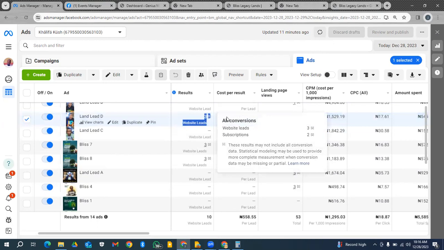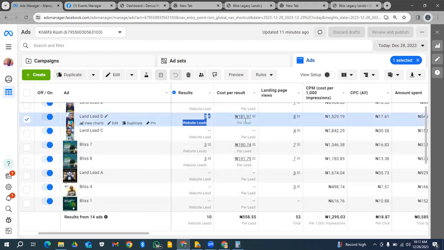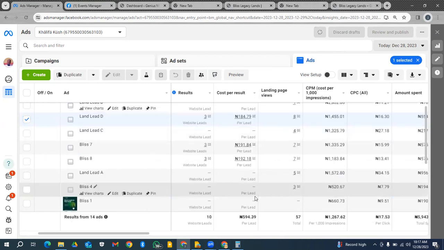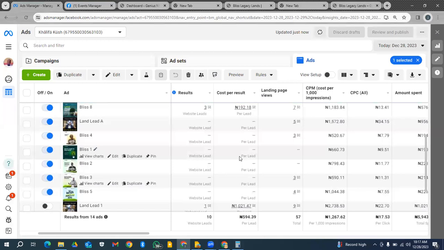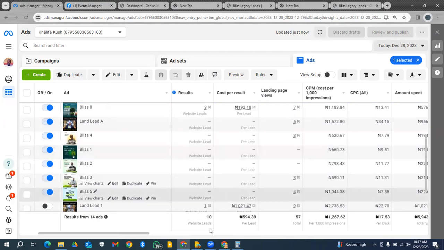And that's why this result is much better. 181, right? It's much better. So that is how it works. The higher the number of people who land on your page and become leads, the cheaper your results are going to be. So that's the second thing you want to be testing.